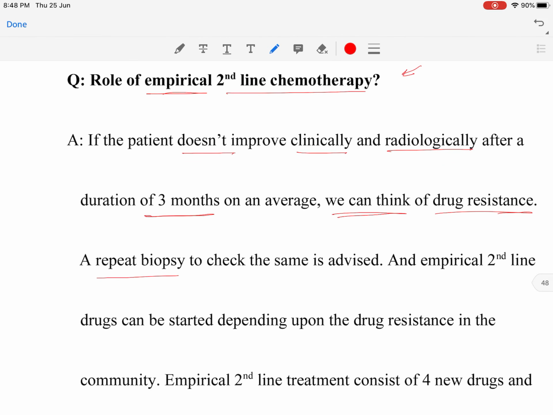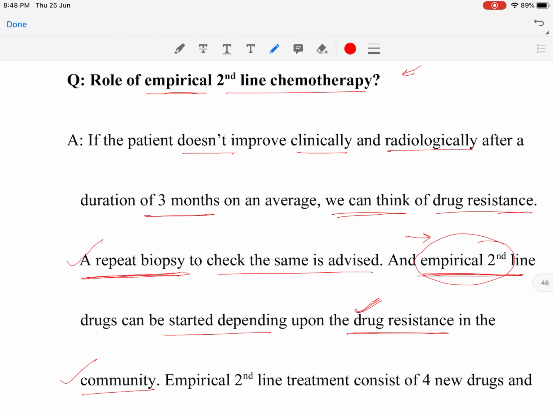A repeat biopsy is advised to check the same. But empirical second line drugs can be started depending upon the drug resistance in the community. If the community has a high prevalence of drug resistance, in those cases empirical treatment can be started without confirmation with the biopsy.